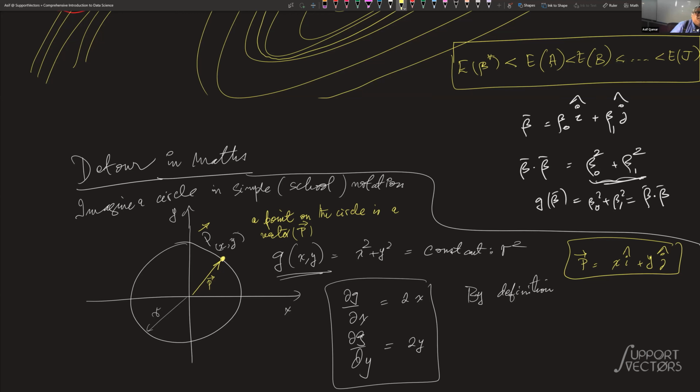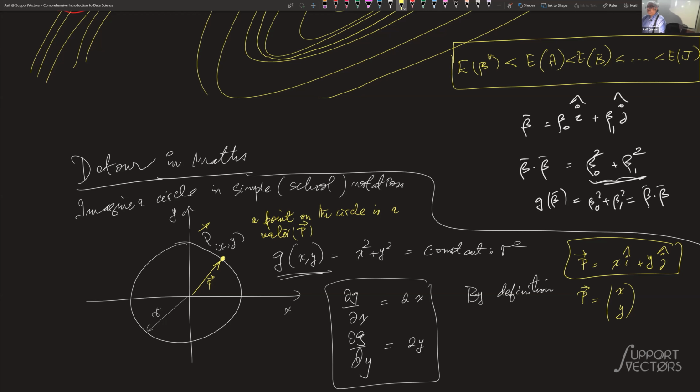We could also write it in a more formal notation, as a column vector. People typically write it as x, y. There's no difference between these two. They're just different styles of writing the same information. In the machine learning community, we tend to write vectors as columns. The first component, the second component, we vertically stack them.